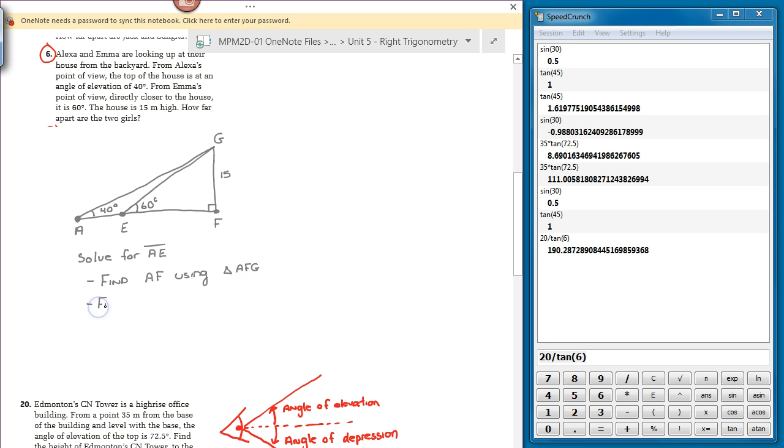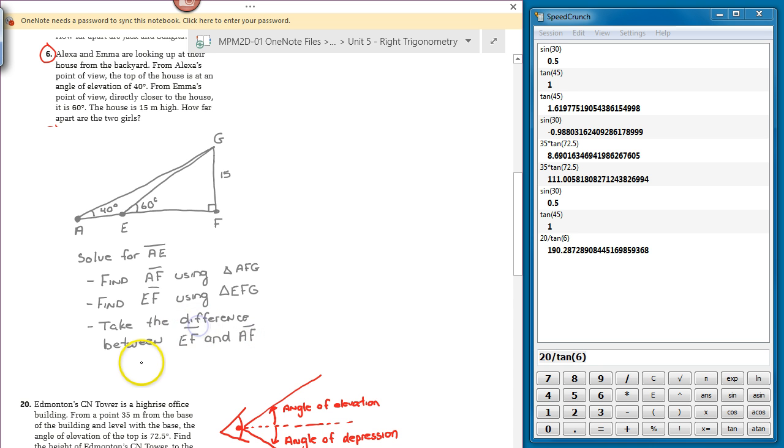Then we can find EF using triangle EFG, and then we can take the difference between EF and AF.